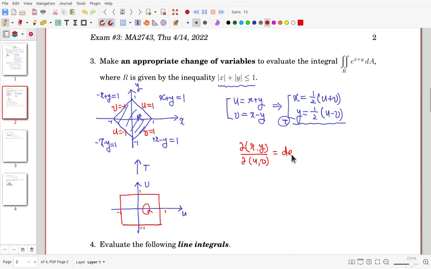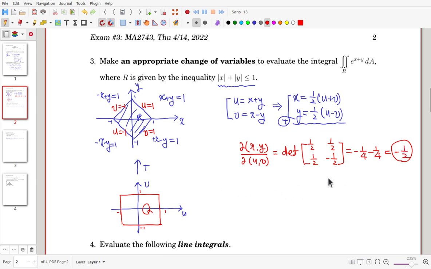That is the determinant of the matrix of derivatives. x u derivative is a half, x v derivative, again half, y u derivative, half, y v derivative, minus half. Determinant is minus quarter, which is minus half. Okay, we have that.